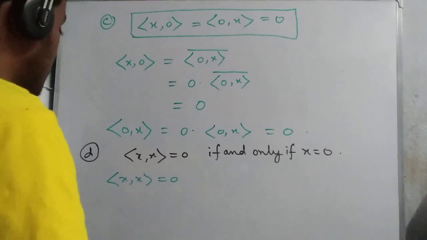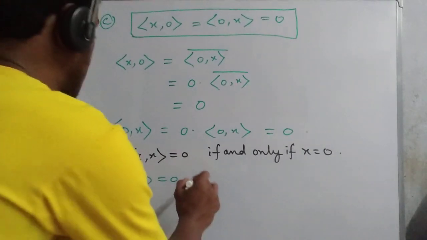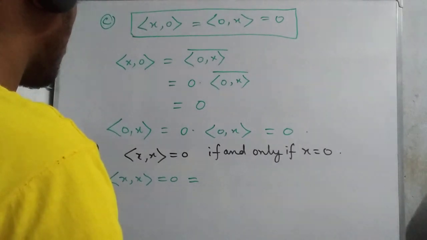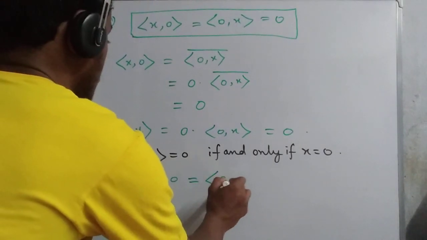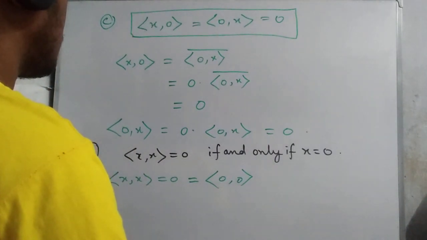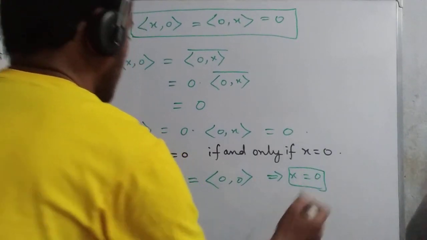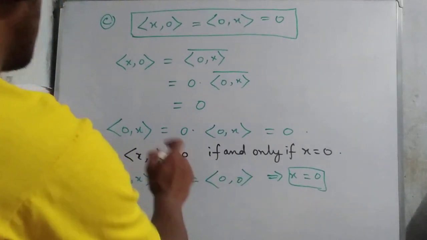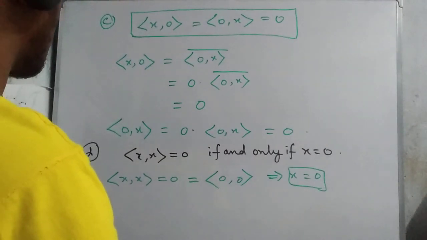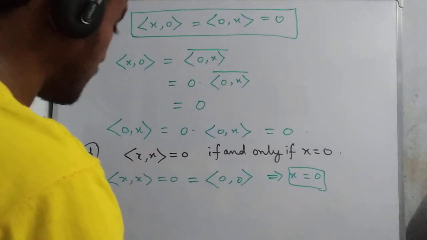Then <x, x> equals <0, 0>. This implies that x equals 0. Otherwise, if we write 1, 1, then this one does not become 0. So in this way we also write this one is 0. Not a problem at all.